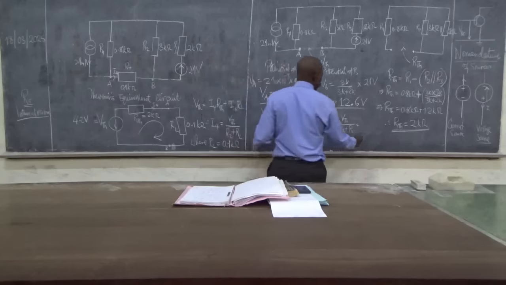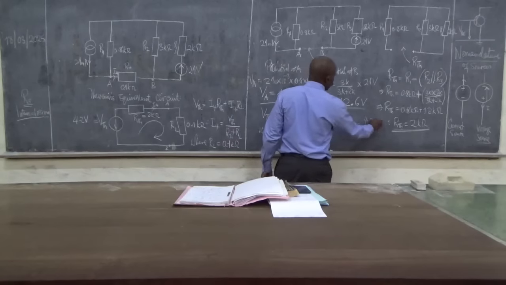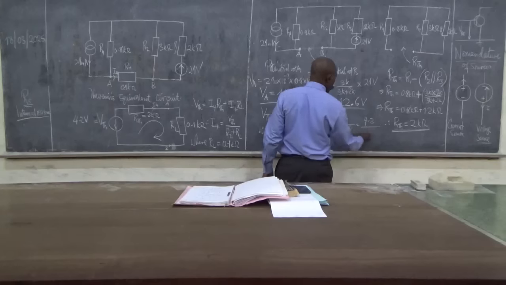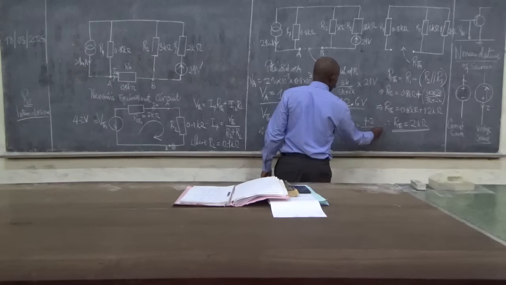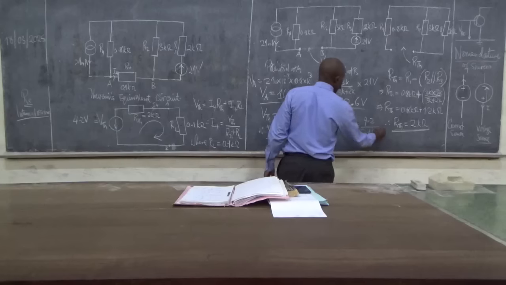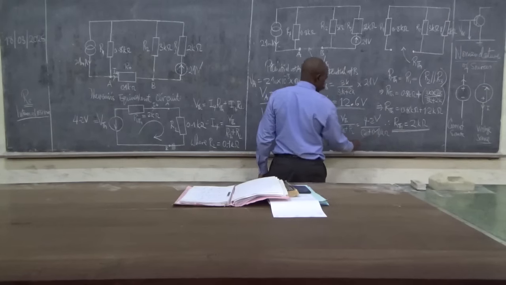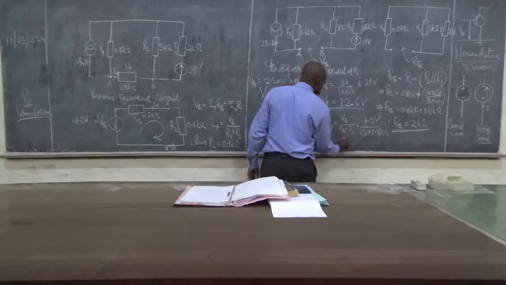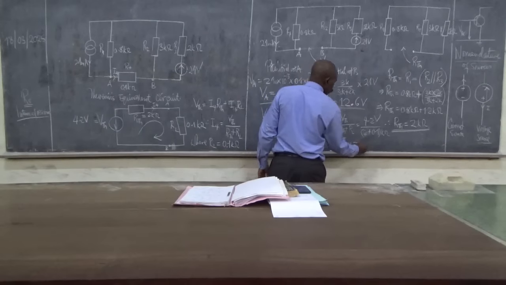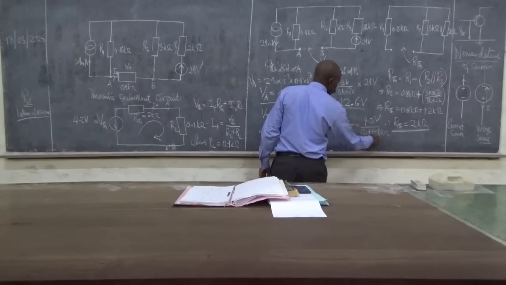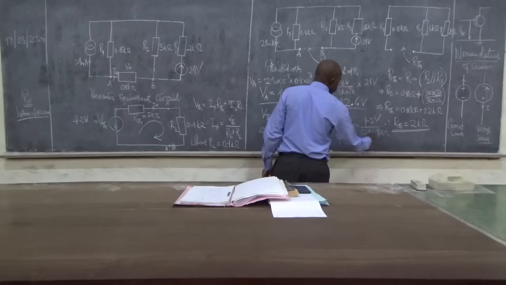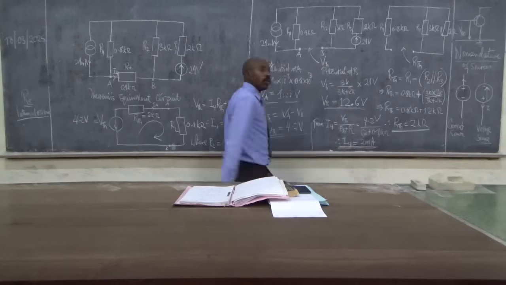This would be the same as 4.2 over 2 plus 0.1. These volts, these are all kilo. So this would be 2.1. So therefore, I4 is equal to this is 1,000 times 10 to the power negative.